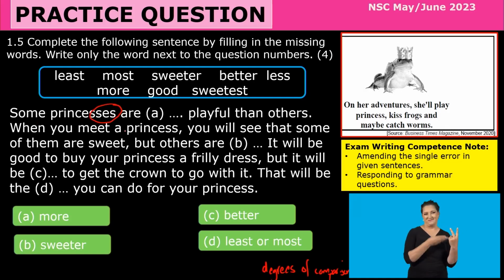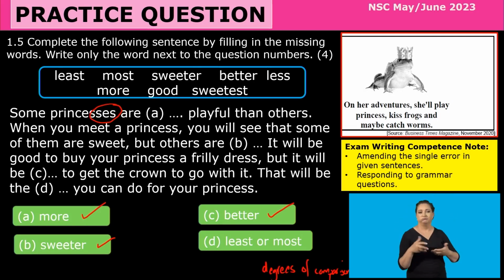So some princesses are more playful, and there we have our answer indicated, than others. When you meet a princess, you will see that some of them are sweet, but others are sweeter. Okay, the comparative form being used. It will be good to buy your princess a frilly dress, but it will be better to get the crown to go with it.